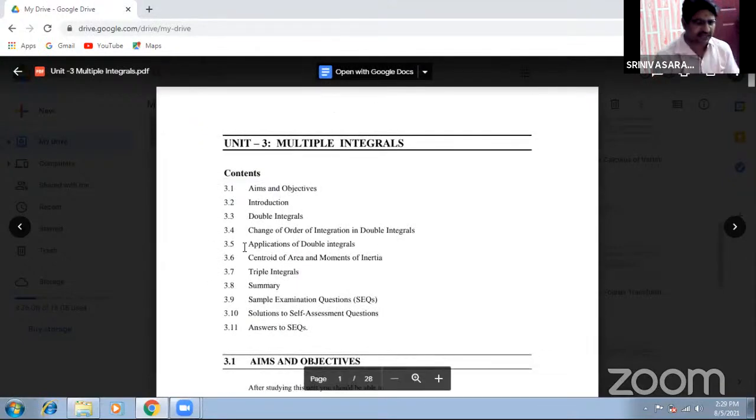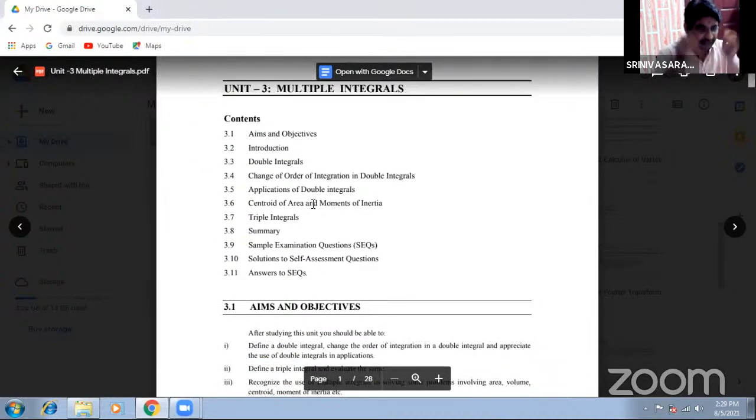What is the multiple integrals? Just you have to listen carefully.